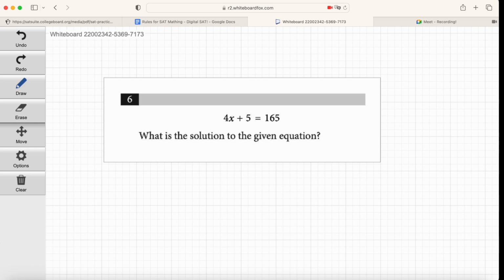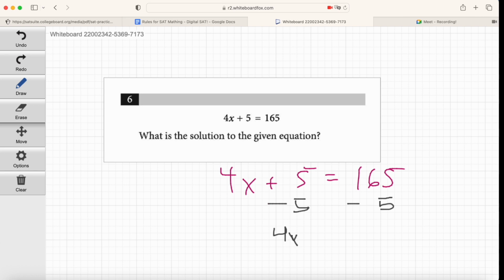Let's solve 4x plus 5 equals 165. Can I see you work this out here on the whiteboard? Yeah, let's just isolate x. Subtract 5 from both sides. Absolutely, the golden rule of algebra: whatever you do to one side, you have to do to the other side. So then we're left with 4x equals 160.